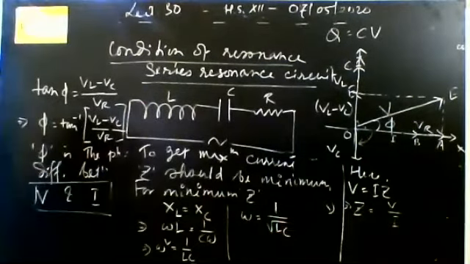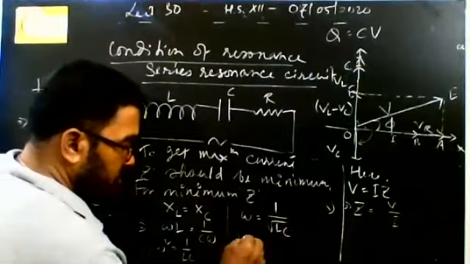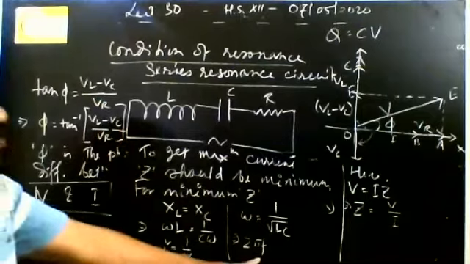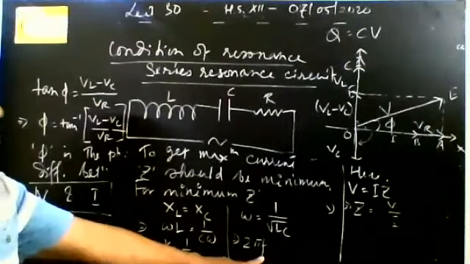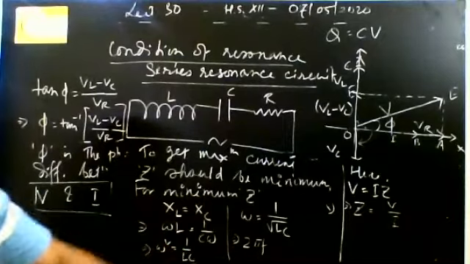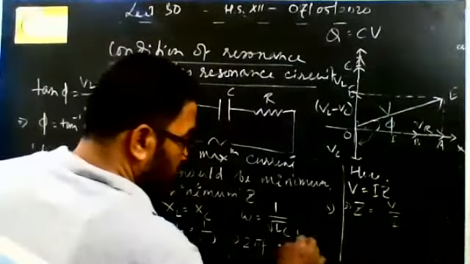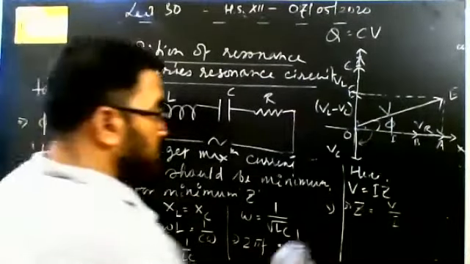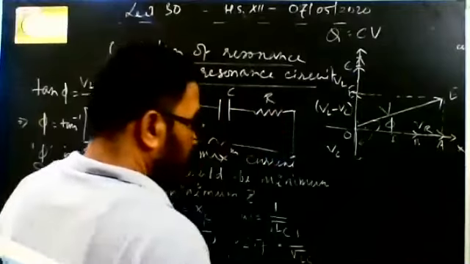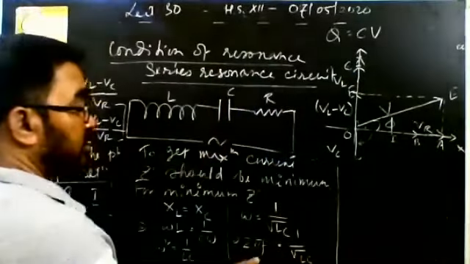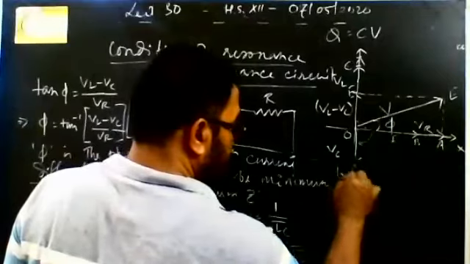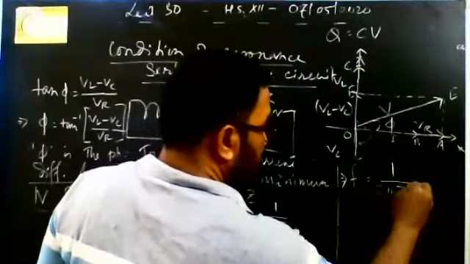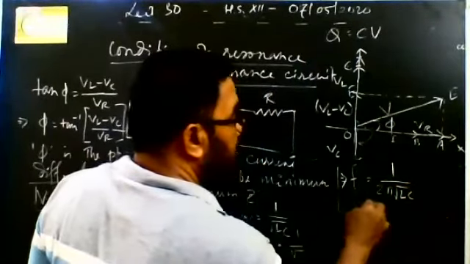Since we know that omega is nothing but twice pi f, or nu in some textbooks, twice pi f is equal to 1 by root over LC. Okay. So f is equal to 1 by twice pi root over LC.